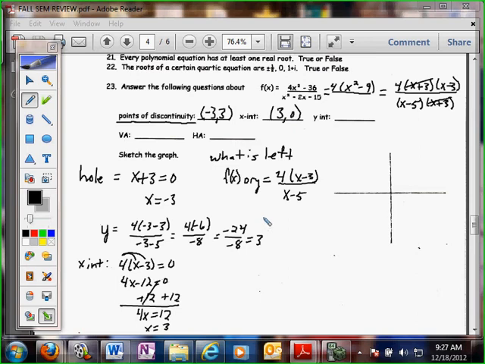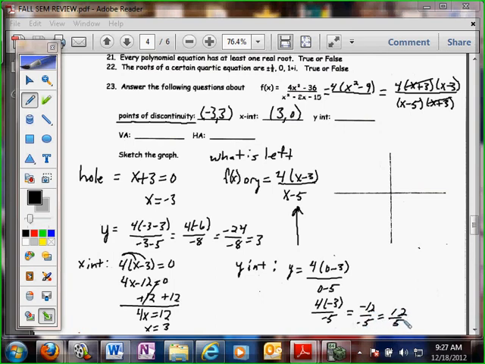To find my y-intercept, I simply plug in a 0 for x and solve for y. So I have y equals, and again I'm going with what I had left here, y equals 4 times 0 minus 3 over 0 minus 5, which gives me 4 times negative 3 over negative 5, which gives me negative 12 over negative 5, which gives me positive 12 fifths.